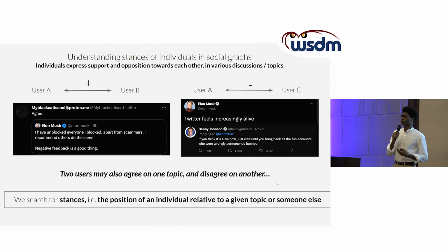As an individual online, I could agree with someone, I could disagree with someone else. But I could also agree with someone on one topic and disagree with the same person on another topic. So what we're looking at today is stances, the position of an individual on a specific topic or towards someone else.